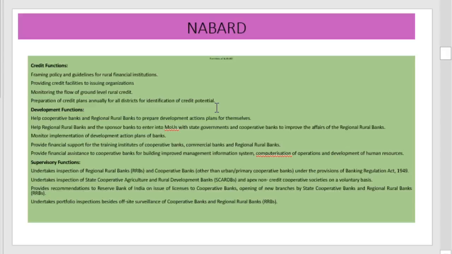Third is to monitor the implementation of development action plans of banks. That is, the third important development function is that they monitor the implementation of development plans. Fourth is to provide financial support for the training institutes of cooperative banks, commercial banks and regional rural banks. This is also a development function.